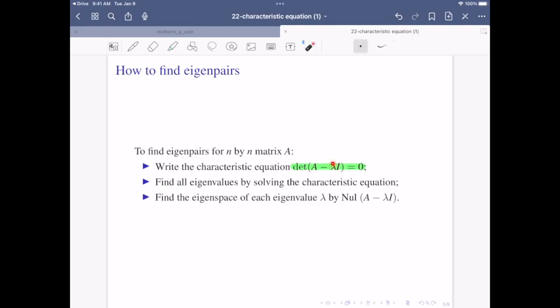You find lambda from here, in other words you find all eigenvalues by solving this characteristic equation. Then find the eigenspace of each eigenvalue lambda as the null space of A minus lambda I. In other words, you want to solve A minus lambda I times x equals 0 into parametric vector form.